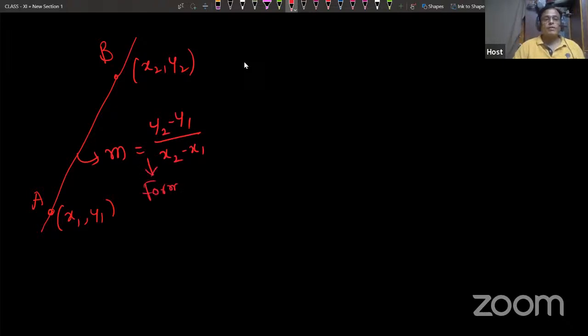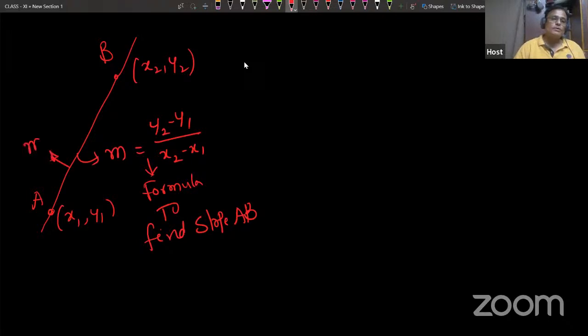Formula to find slope AB. Again, here don't get confused. Every line will definitely have a slope as well as an equation. Correct? But to find the slope, we know it is the difference of y coordinates upon the difference of x coordinates.